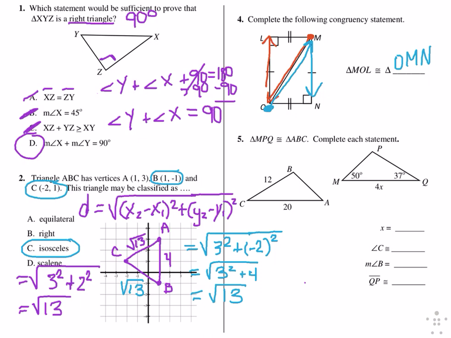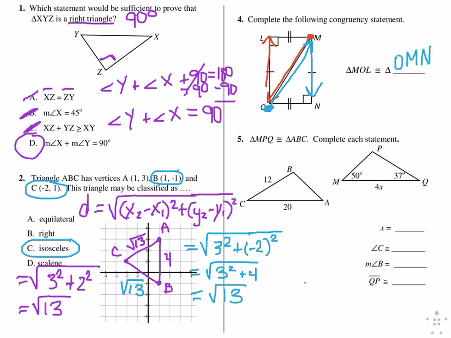Alright, number 5 says triangle MPQ is congruent to triangle ABC. So notice how the triangle is reflected. They're not in the same orientation if you look at the order of the letters.